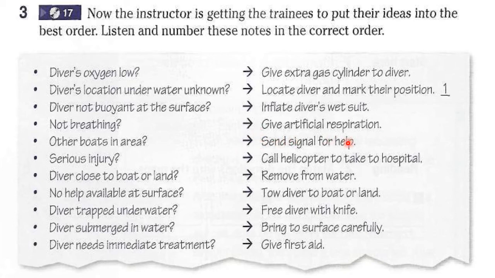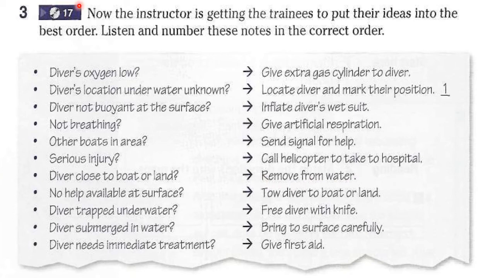What if there's no help available? You're on the surface, but there are no other boats around. Tow him to the boat, or to the land if it's close. Then remove him from the water and get him into the boat or onto land. If he needs immediate treatment, give him first aid. And if the injury is serious, call a helicopter to take him to hospital. Good. Well done.